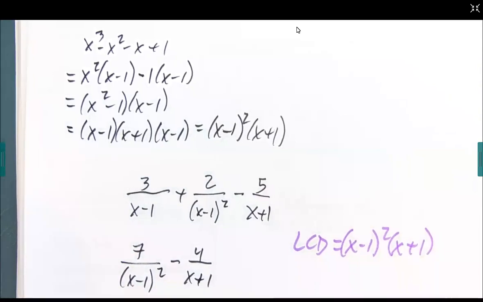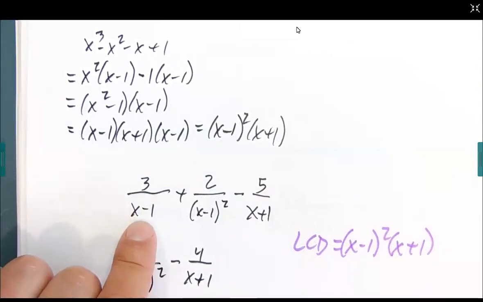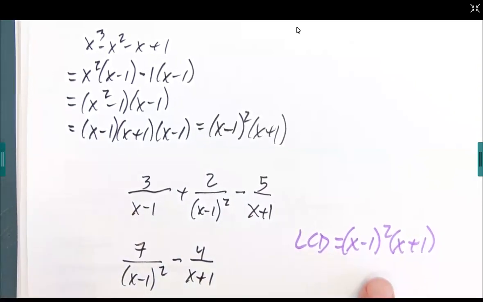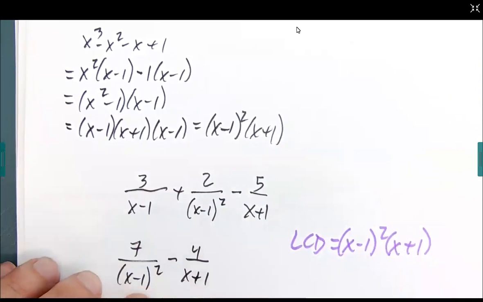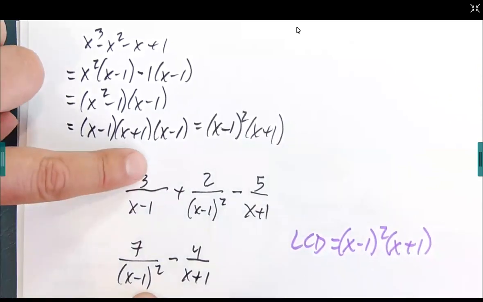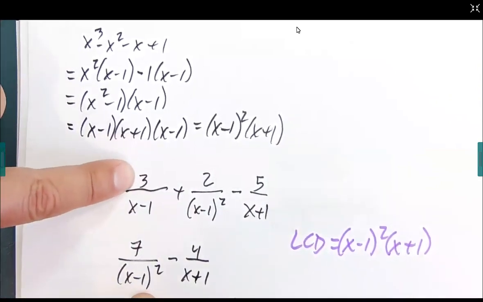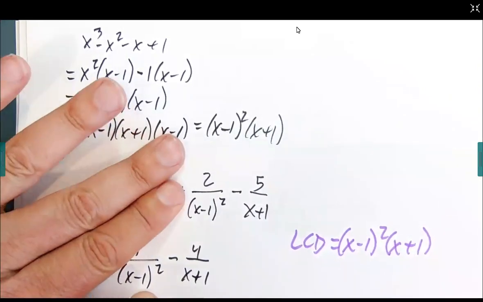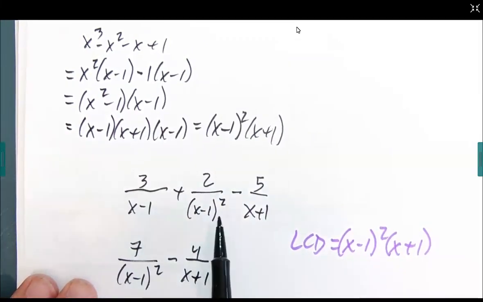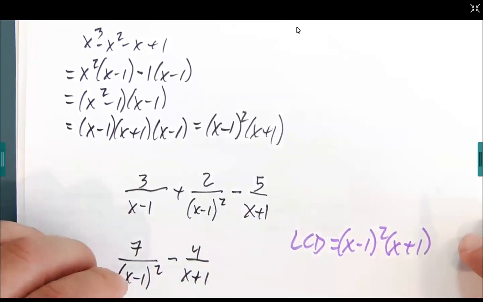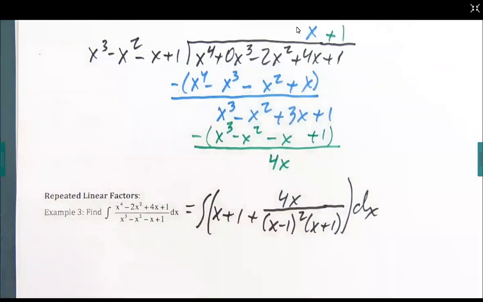So we don't know if this is going to be included as part of this breakdown or not, just by looking at the LCD, because this LCD matches both. So we're going to assume that that's going to be there. Now, if it turns out to be where there's no single term like that, then whatever that number or letter is, will become a 0. So it'll be gone anyway, and it'll be our regular one. So when we have a repeated root, we have to include all of the degrees down from that we would have.